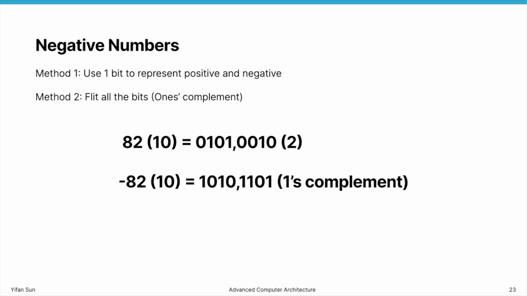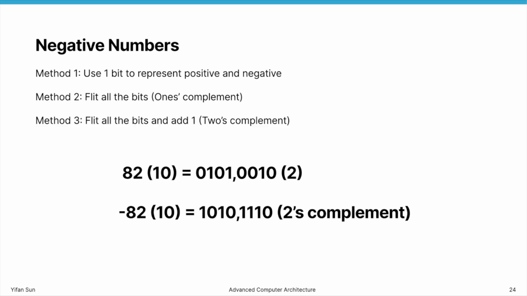Still, it won't solve the problem that we cannot use the same digital circuit to calculate the sum of a positive number and a negative number. So we add this minor tweak: flip each bit and add 1.